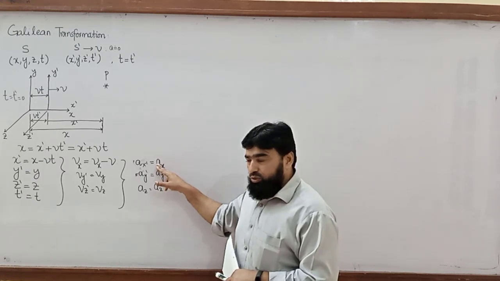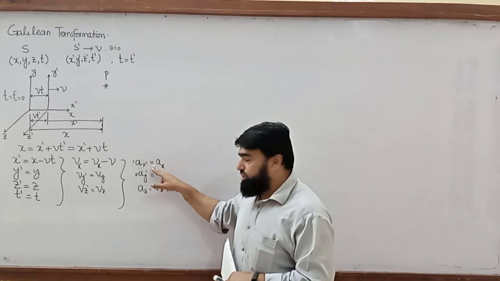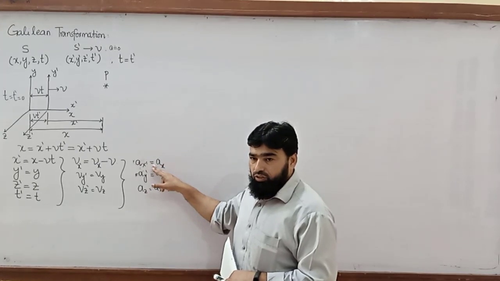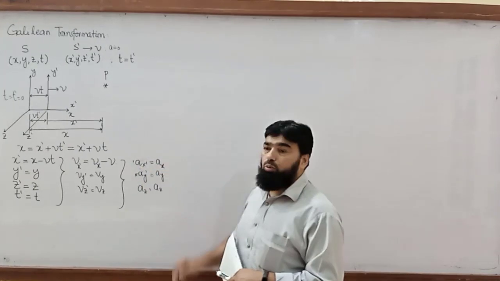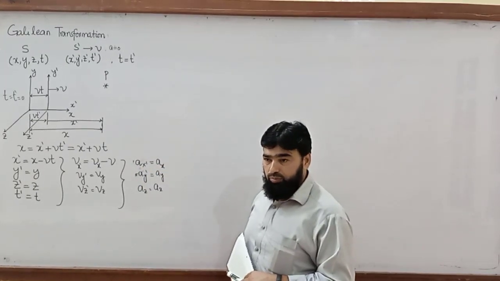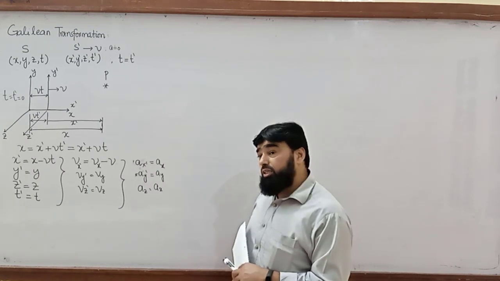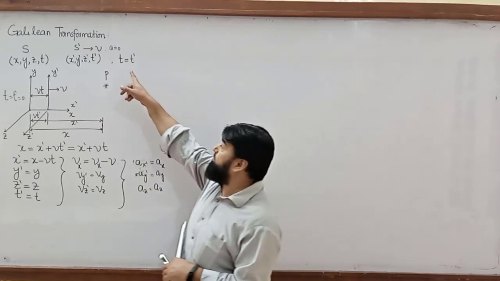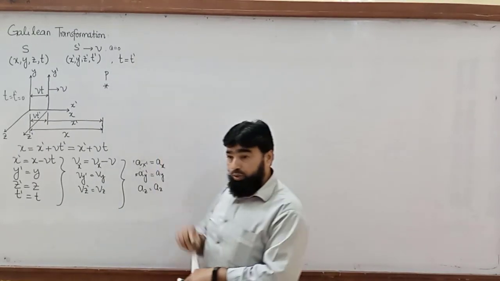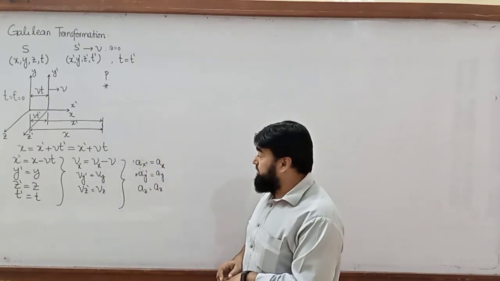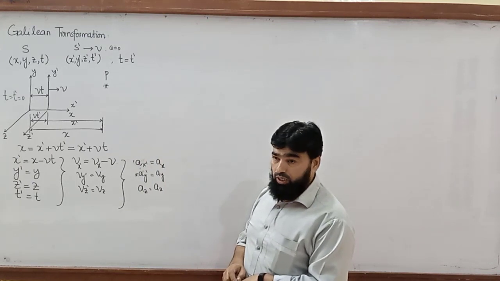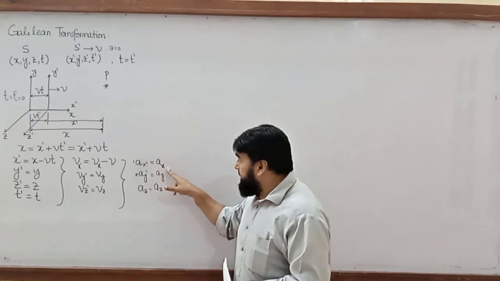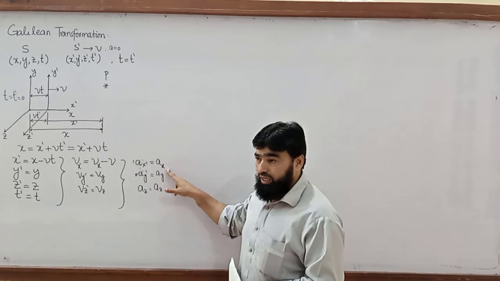So this is somehow a strange thing here, that why the acceleration in both the frames is the same. It means there is some issue with the time here, that we have selected t equal to t prime, and there is some issue with this one. That's why the acceleration came to be the same.